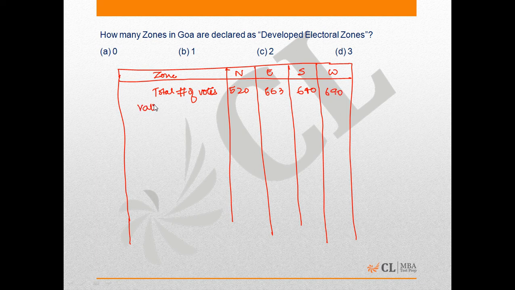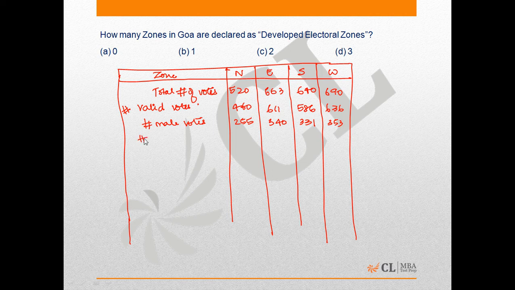Out of this total number of votes polled, the number of valid votes is given as 460, 611, 586, and 636. Now the number of male votes total is 255, 340, 331, and 353.